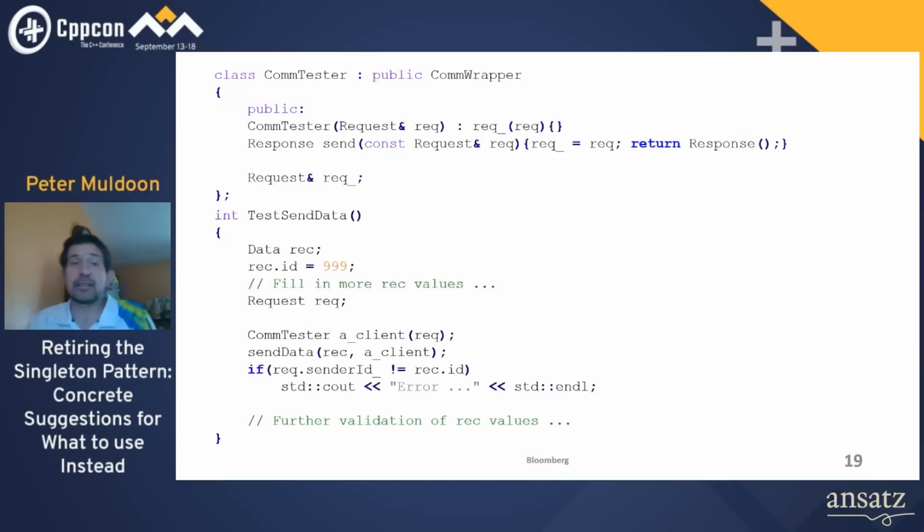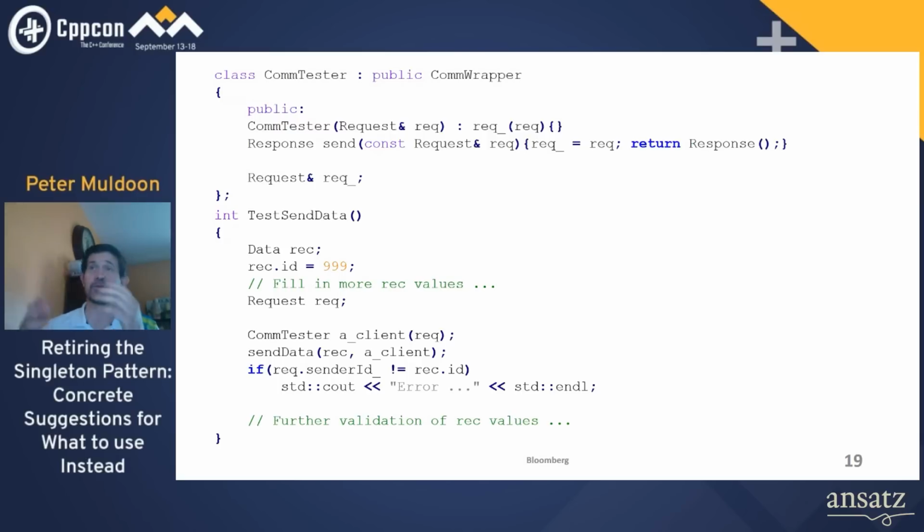So now in my test send data function, I can create myself a data record, populate it with known values. Here I've just done the ID, but I could do a lot more. And now when I create my comm tester, I'm just going to drop in the request, which will be a reference to this local variable, and I call the send data.